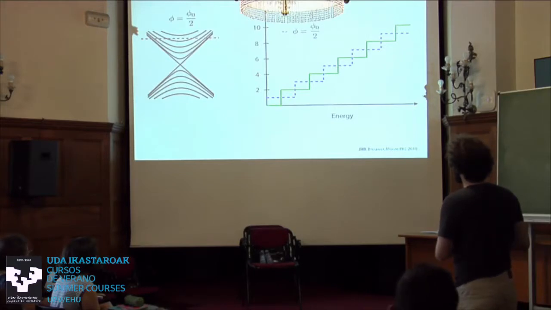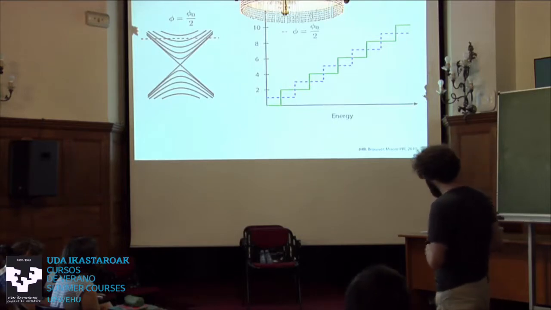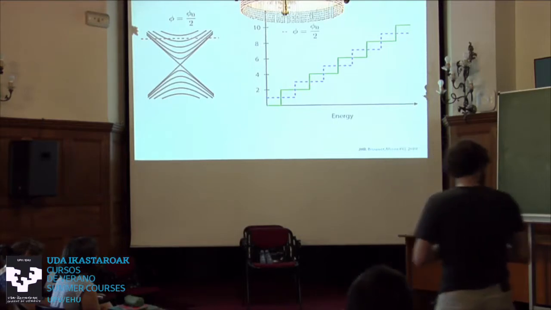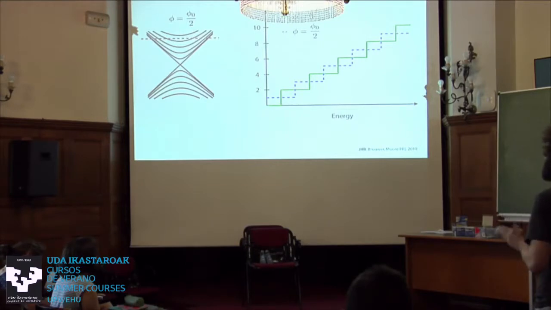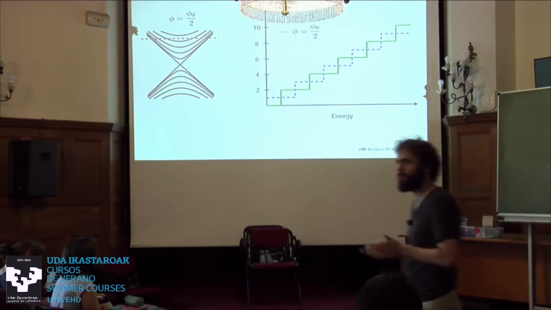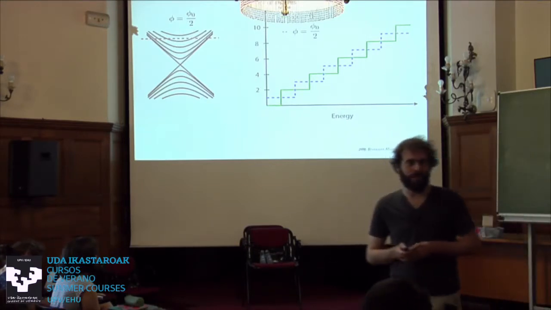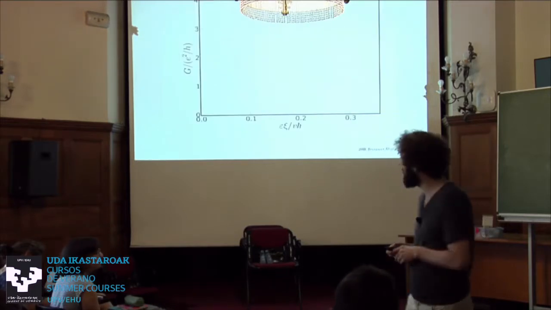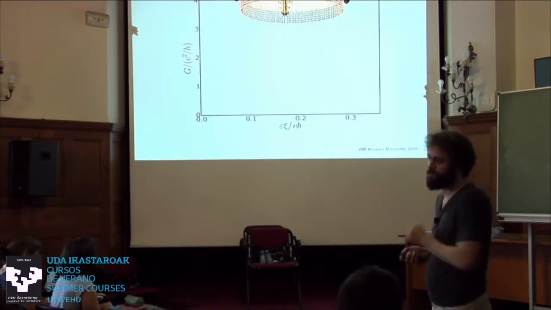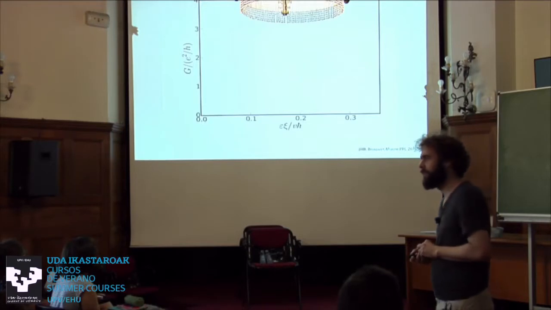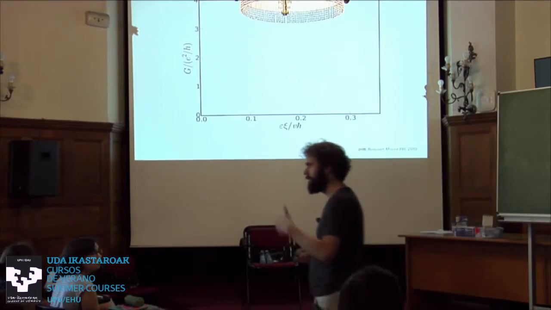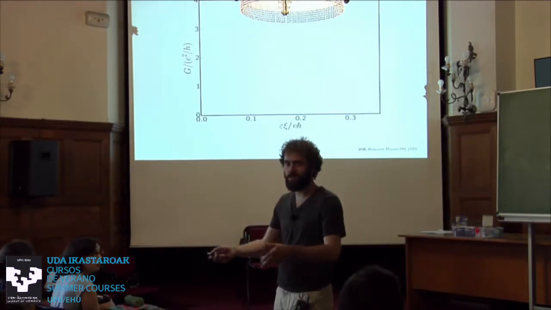So I start with 1, and the points where I go between are in between the points where I go between on the other ones. Okay, so that's just counting the number of modes, but if you want to know what the real transport is, what the conductance actually is, then you have to do a calculation. And here's the calculation, or soon. So what I did was just to take Dirac fermions at this order and calculate the conductance.